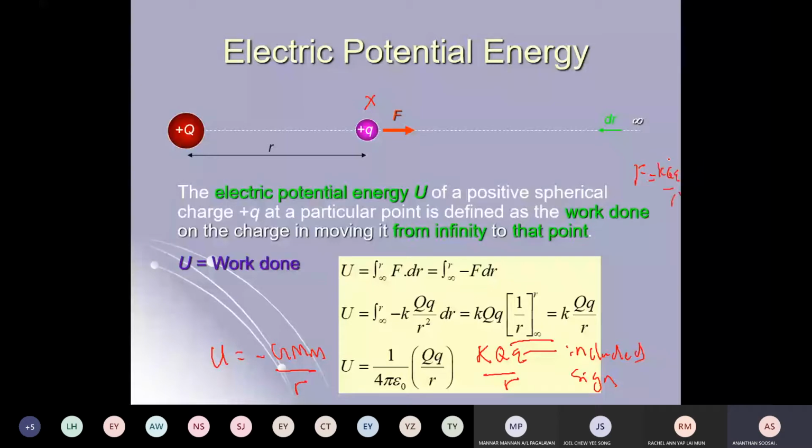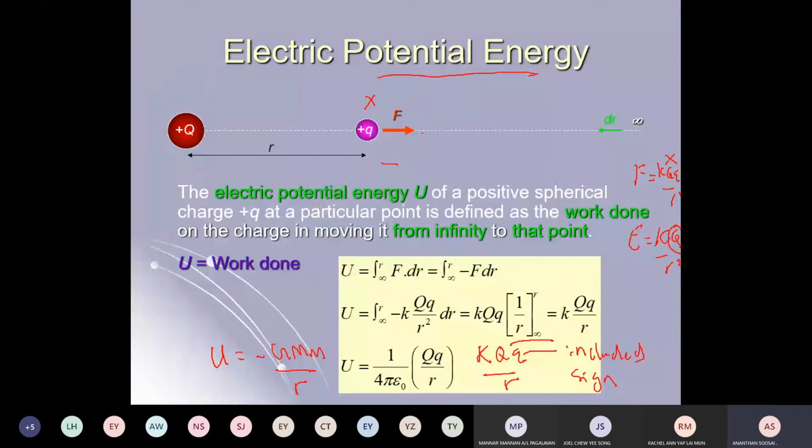For electric field strength also, KQ over R squared, no need to include the sign of charge. But for electric potential energy, the sign of charge needs to be included. That means if this is positive and the test charge is negative, you have to put the test charge as negative, and your final electric potential energy is going to be negative. So in KQq over R, please include the sign of charge for electric potential energy.